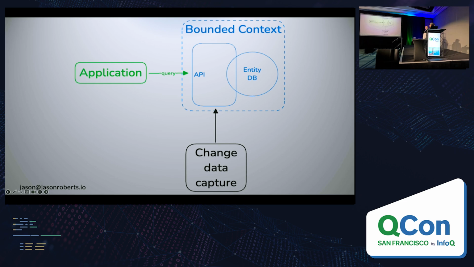In the simplest form, you've seen this diagram earlier as well. It's change data capture. We have the APIs and the entity database within the bounded context and the application querying those. However, that's not it.